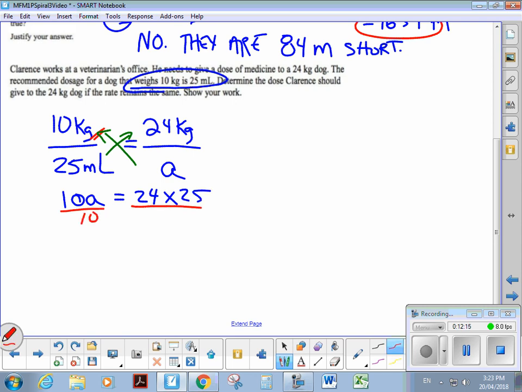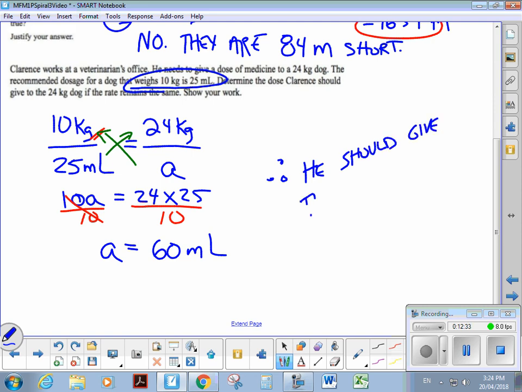Divide both sides by 10. A will equal 24 times 25 divided by 10. So we're looking at 60 milliliters. So therefore, he should give the dog 60 milliliters.